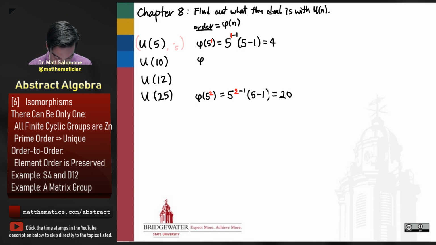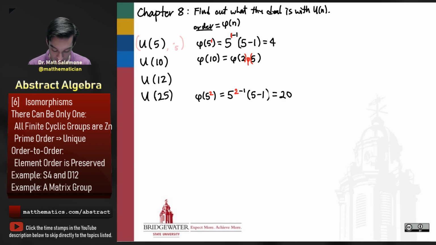Let's quantify the others. The group U10 is going to have phi of 10 elements. Well, 10 is not a prime power. So remember, if we want to find the Euler totient function of 10, we first need to find its prime power factorization. 10 is 2 times 5 as a product of prime powers. Since 2 and 5, like any pair of powers of distinct primes, are relatively prime to one another, and because the Euler phi function is multiplicative, that is what lets us split apart phi of 2 times 5 into phi of 2 times phi of 5.